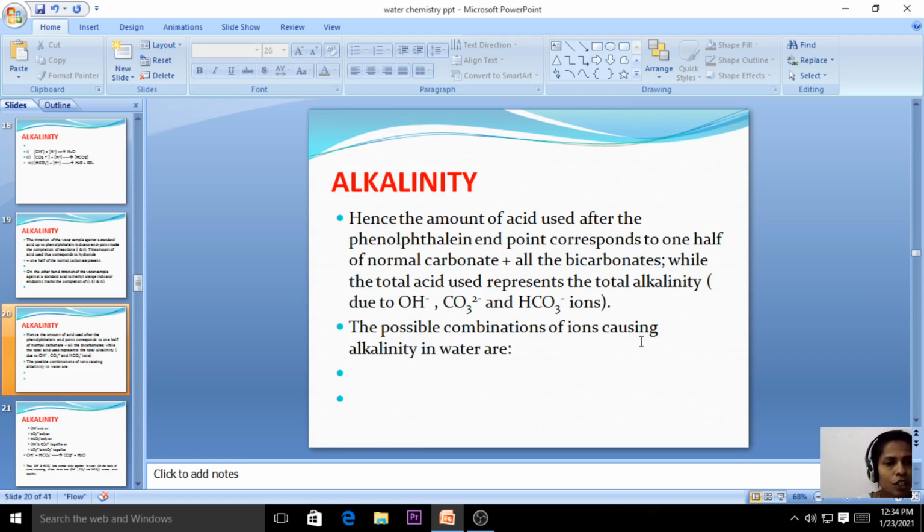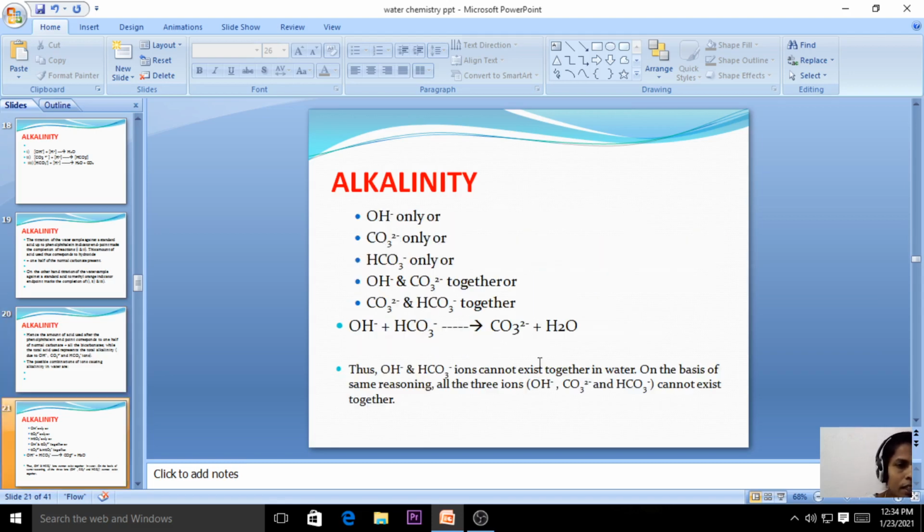So the possible combinations of ions causing alkalinity in water are OH minus only, carbonate only, bicarbonate only, OH minus and carbonate together, carbonate and bicarbonate together. So here all three ions do not exist together. Either any two ions or any one ion exists in the water sample, because OH minus and bicarbonate are reacting with each other, and we are getting a byproduct.